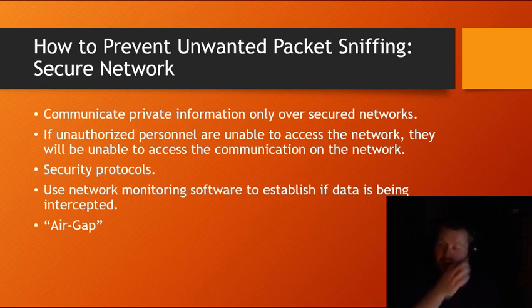Another way, and it could be in conjunction with encryption, is to only provide your information over secured networks. If somebody that isn't authorized to access your network isn't able to, they cannot get to the data on the system, and it keeps your important information safe.